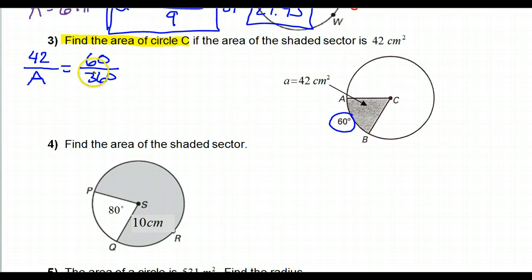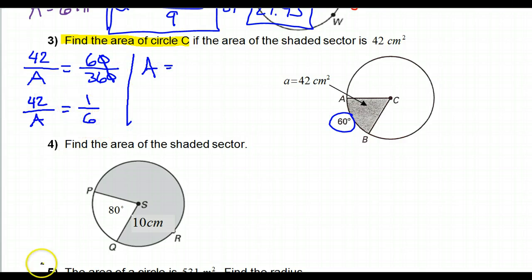And we're going to reduce. Okay, so these zeros would cancel out. 6 goes into 36 6 times. So what I've really got here is 42 over A is equal to 1/6. I just reduced. Cross multiplying, A times 1 is just A. So then that just leaves 6 times 42.